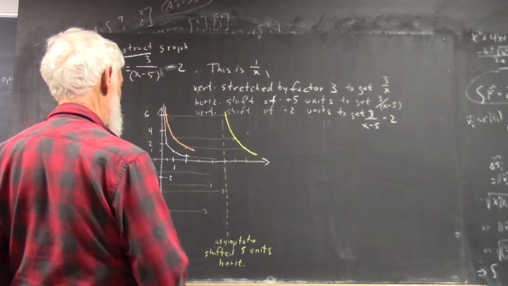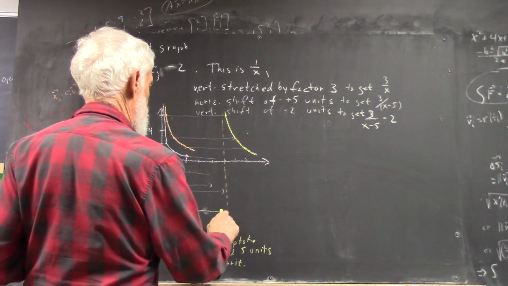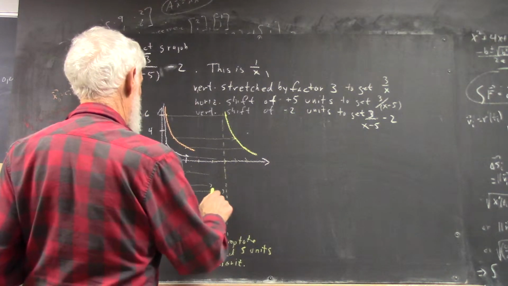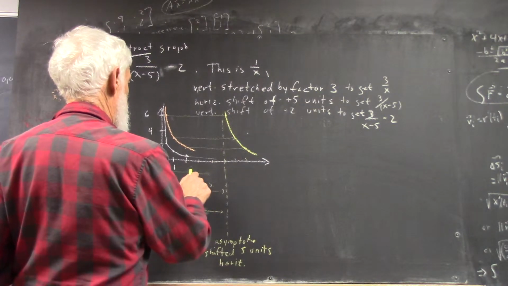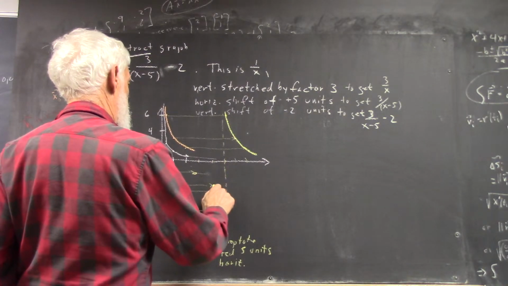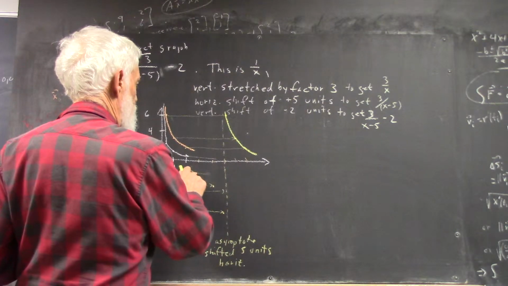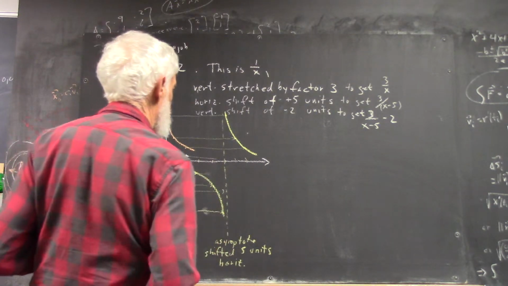This point moves over to here. This point moves over to here, and this point moves over to about here. So now I've got my 3 points. Now I can sketch this part of the graph.